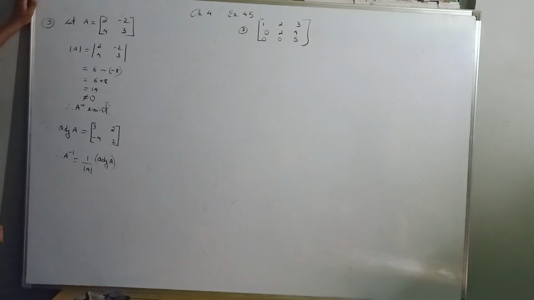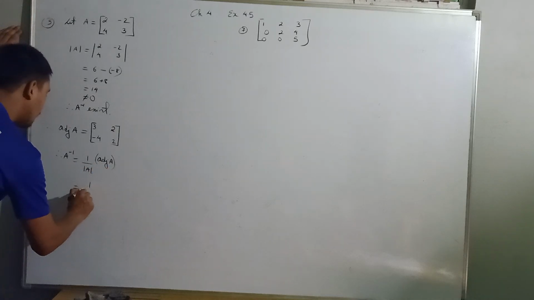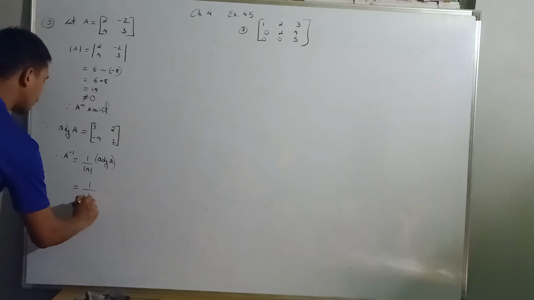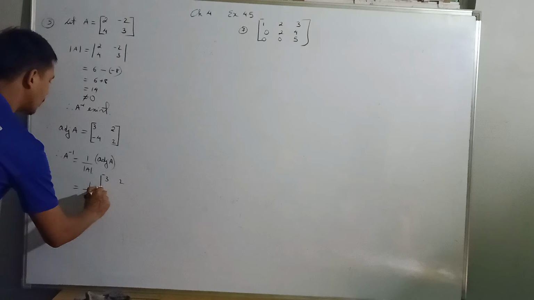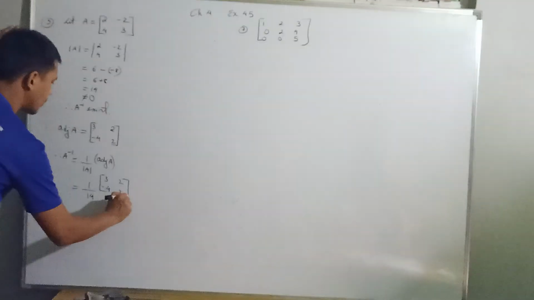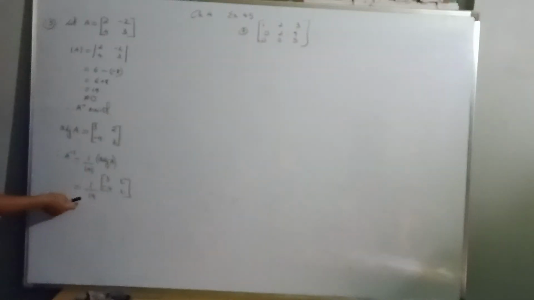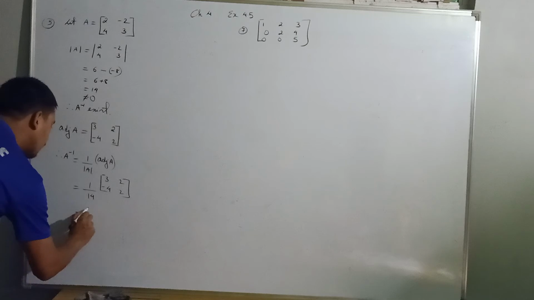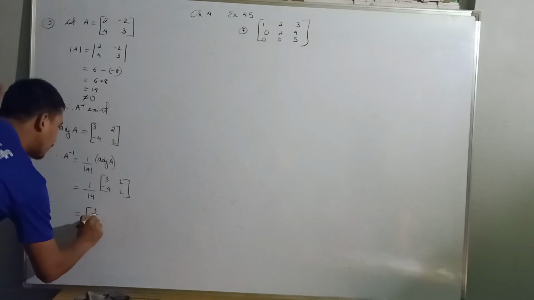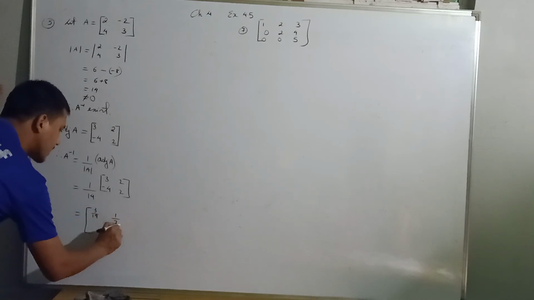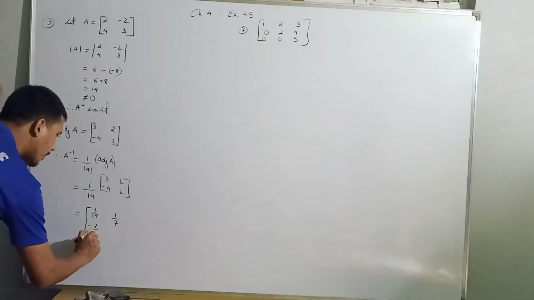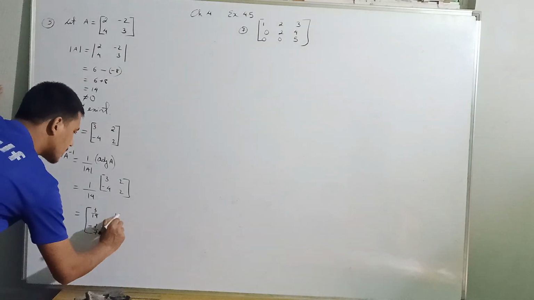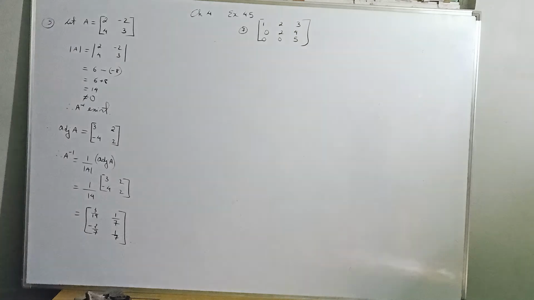Adjoint of A divided by determinant of A. 1 upon determinant of A, so 1 upon 14 into adjoint of A, which is 3, minus 4, so we multiply each of these elements by this 1 by 14, right? Now 3 upon 14, 1 upon 7, minus 2 upon 7, 1 upon 7. Can you check?